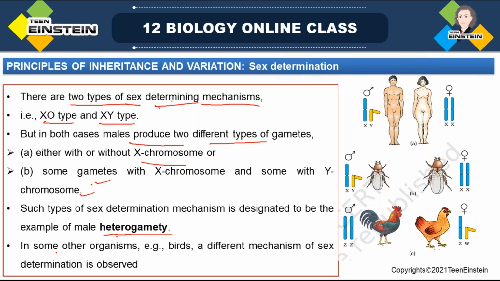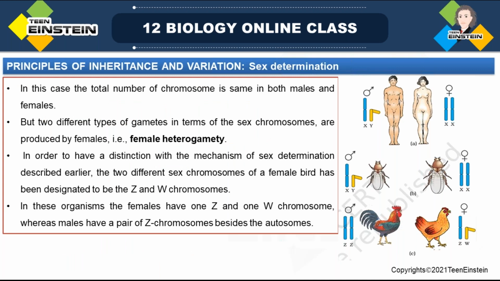And in some other organisms, like birds, a different mechanism of sex determination is observed. But in this case, the total number of chromosomes is the same in both male and female.